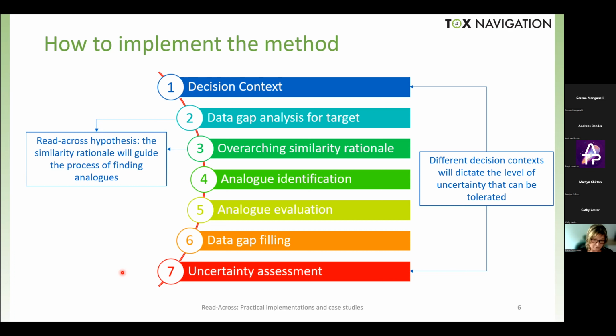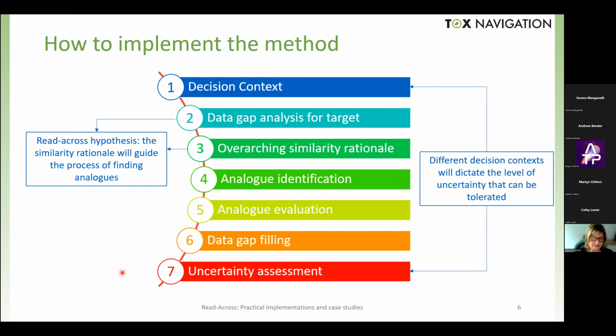So you have all the information that you need to identify which is the structure you want to work on. And then you can collect the data, even using some QSARs or profilers, so that you can analyze what is known about your chemical and build the hypotheses that will guide you to identify analogs.